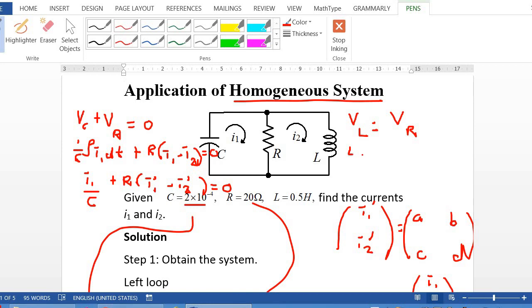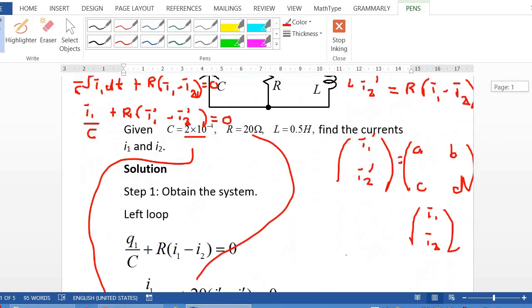That's why you have L I2 prime. VR here is R times (I1 minus I2). Okay, that's what we obtain here.